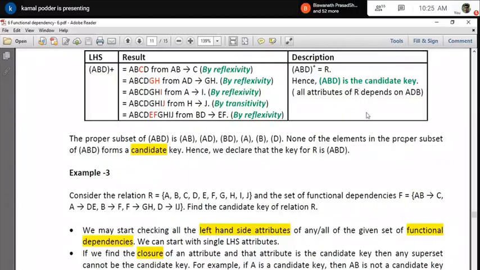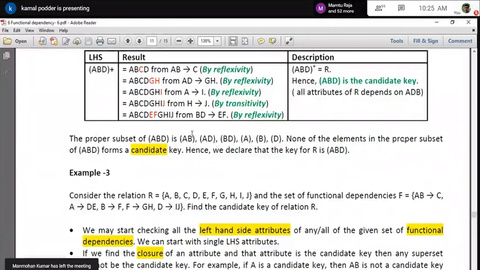Actually, as I have already told you, I should say that it is a super key, not the candidate key, because after that I need to check something. What is that? Now I have to check what the proper subsets of ABD are. If you just see, these are the proper subsets.